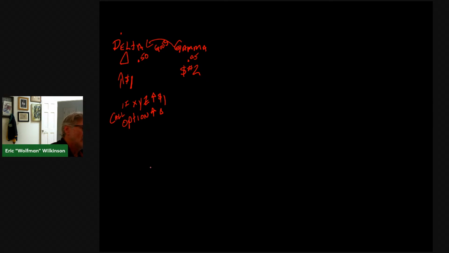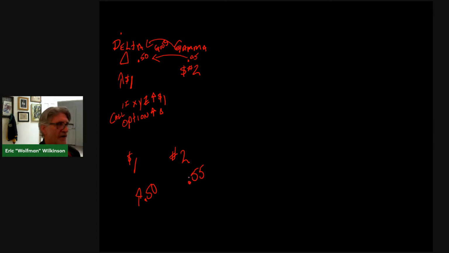So on that first dollar, our options increase by 50 cents. On dollar number 2, gamma goes with delta, and my options would then increase by 55 cents. That makes sense for everybody so far?